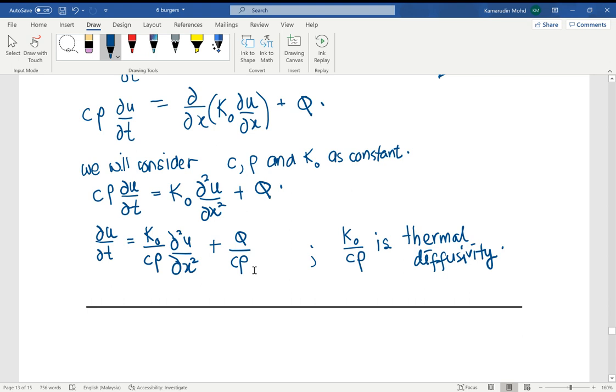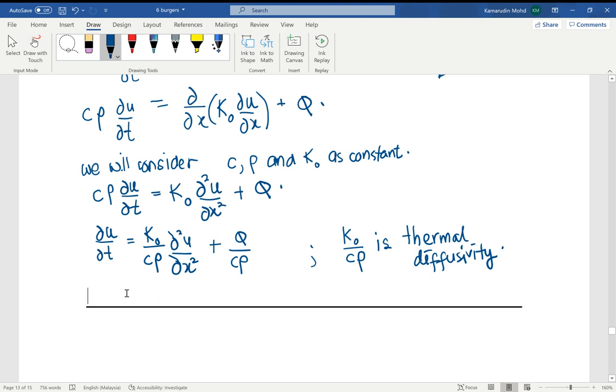So after step 3, this is how the equation looks like. If we consider there is a heat source, the term q over C rho still appears.